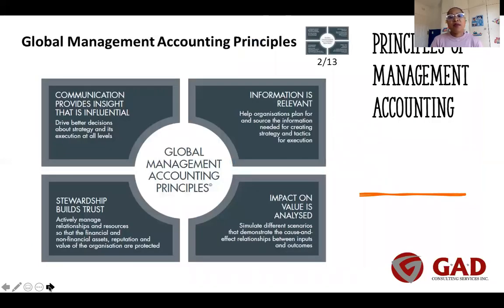Now, let's talk about the principles of management accounting. It's about communication. It's about having insight into the figures to be able to influence better decisions about strategy and execution at all levels, whether it's operational, the function level, the product level, or the project level.